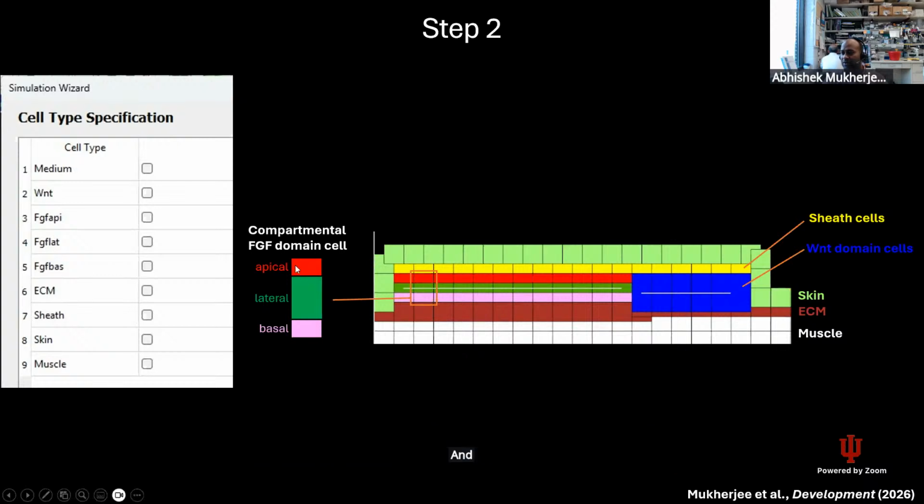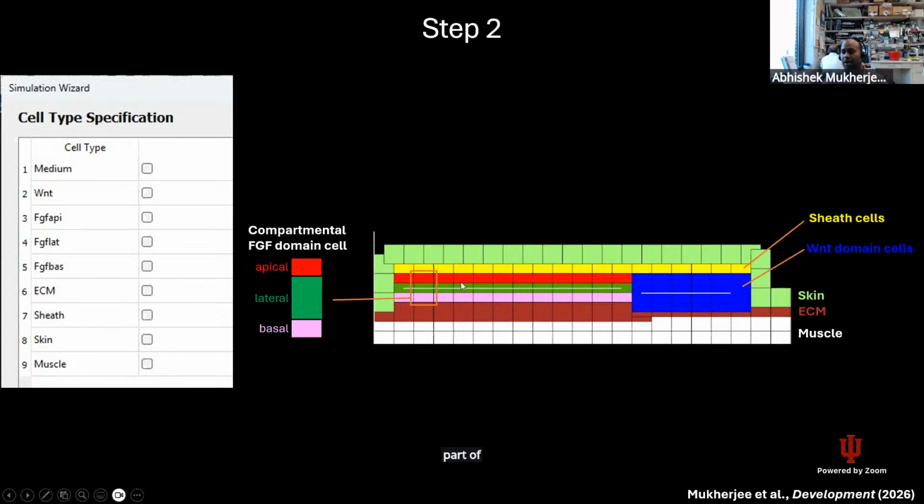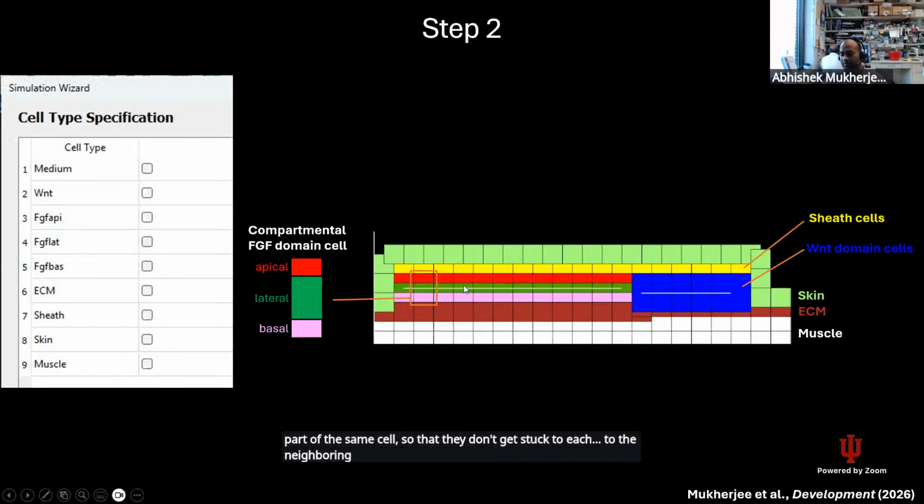And so we followed similar methods of how, when Julia was talking about how to make each of these compartments part of the same cell, so that they don't get stuck to the neighboring cells, or they don't move around, but they behave as a single cell, different domains of a single cell.